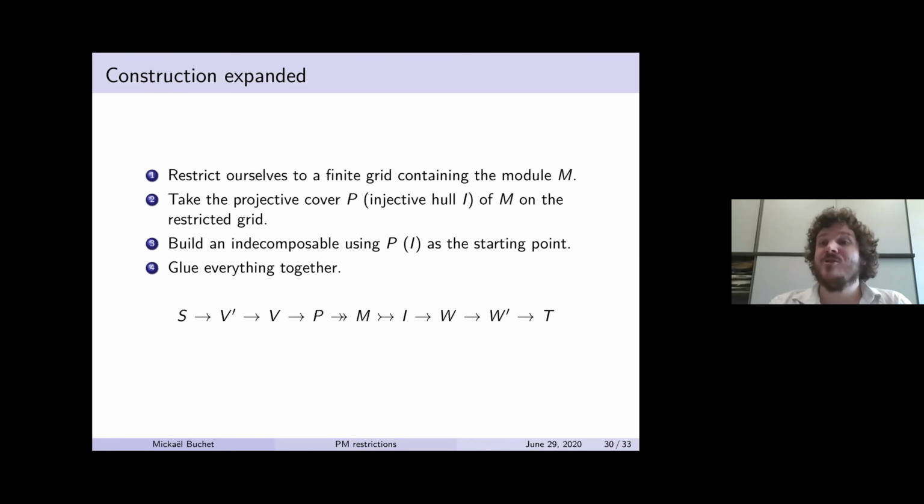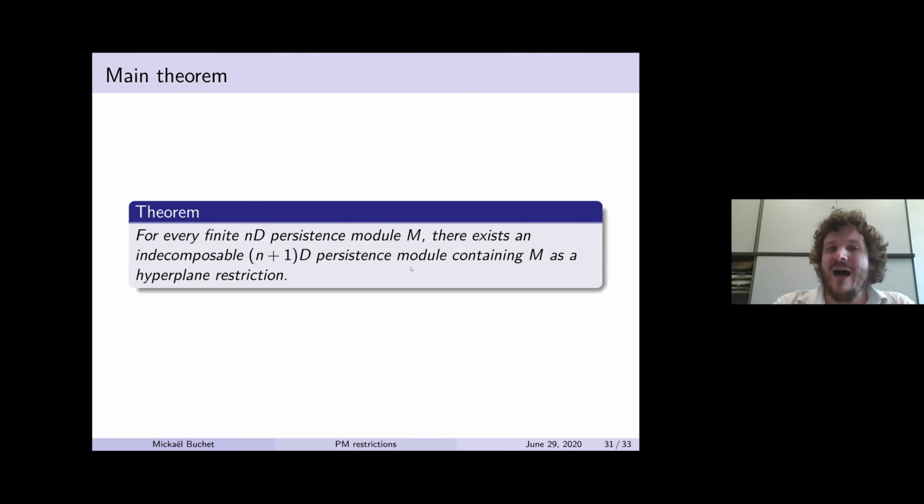And I ask you to trust my word on that. This whole construction gives you an indecomposable. So now for any M here, I have an indecomposable n+1 D persistence module that contains it as a hyperplane restriction, really the horizontal one.